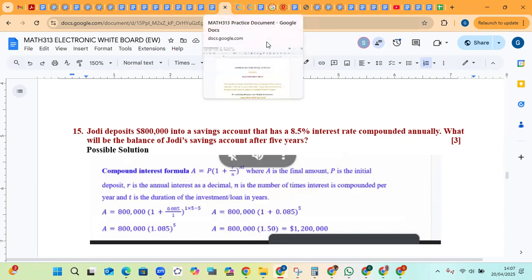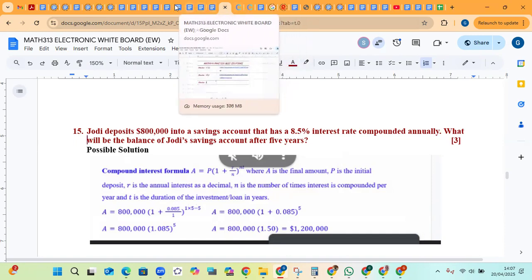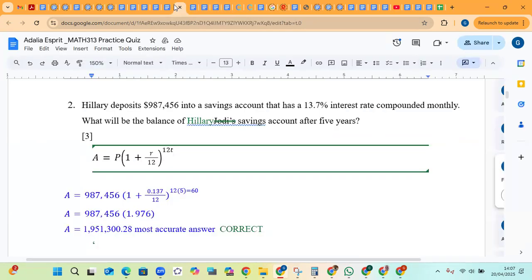Now in our example, it is compounded monthly. So interest is being applied 12 times. So that's why you've got a 12 below here. And that is going to happen for 5 years. So that's why we have to multiply 12 by 5 here.